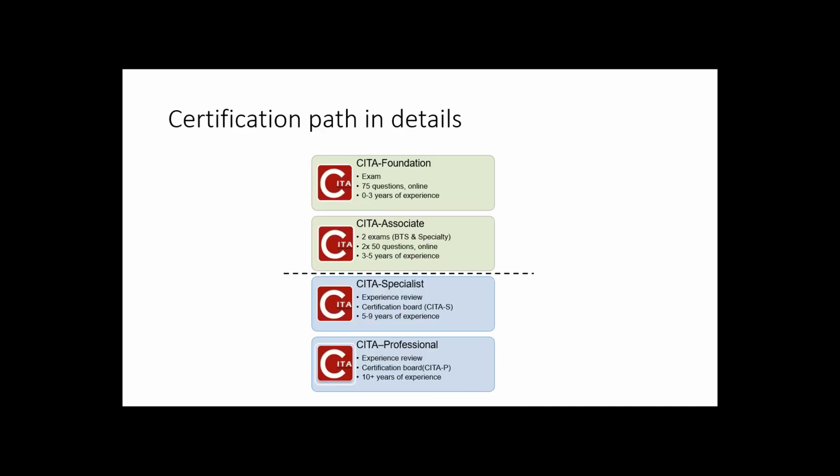CITA F and CITA Associate are more of a learning circle kind of certifications, where people with under 5 years of experience can appear, and it is more of an examination way of clearing the certification. But starting CITA S onwards, this is more of an experiential based certification where you present your case to the people on the board and explain what your achievements are, and how you have conducted yourself in the capacity of an architect, and your experiences.